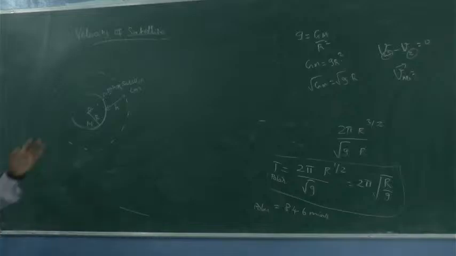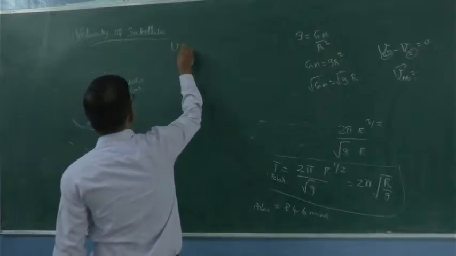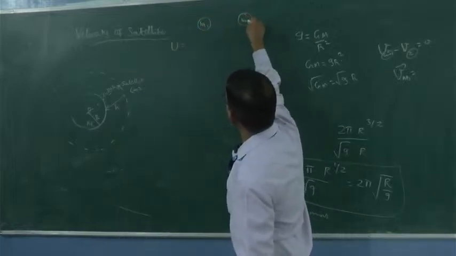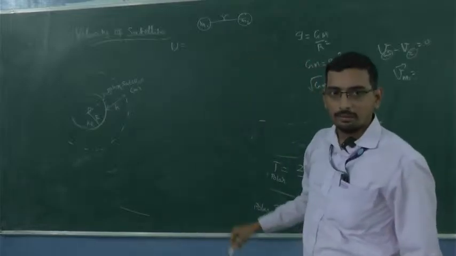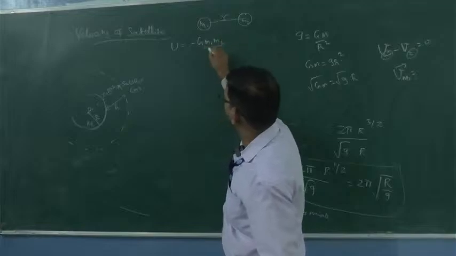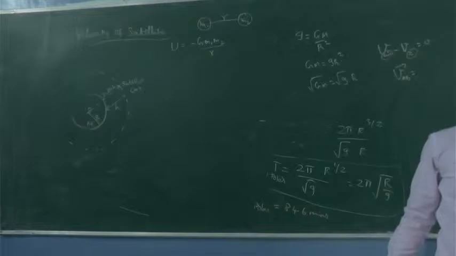The satellite is located far away from Earth's surface. Based on that position, we can say the satellite possesses potential energy. Gravitational potential energy formula: if you have two objects M1 and M2 separated by distance r, the potential energy is minus G M1 M2 by small r. R square will not come, r alone will come.